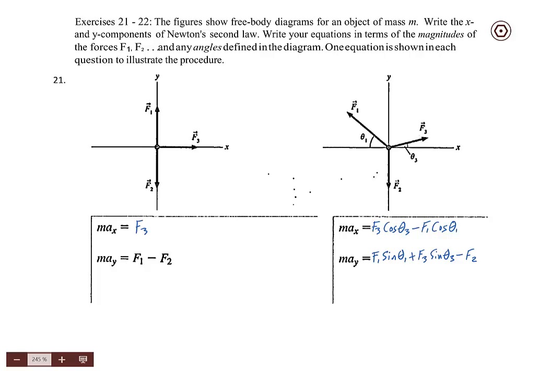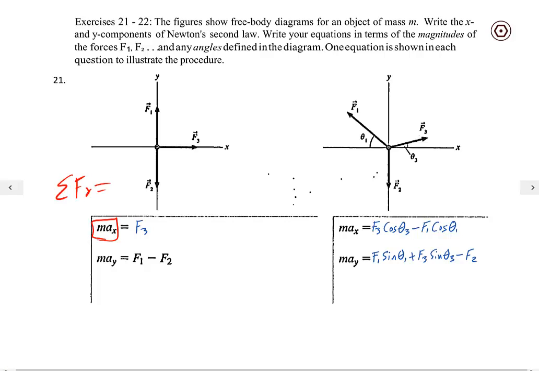Write your equations in terms of the magnitudes of forces F1 and F2 and any angles defined in the diagram. So if you're looking at it in the x direction, thinking of ma = F net, you're saying the net force in the x direction is going to cause your mass to accelerate in the x direction, and the net force in the y direction will cause your mass to accelerate in the y direction.